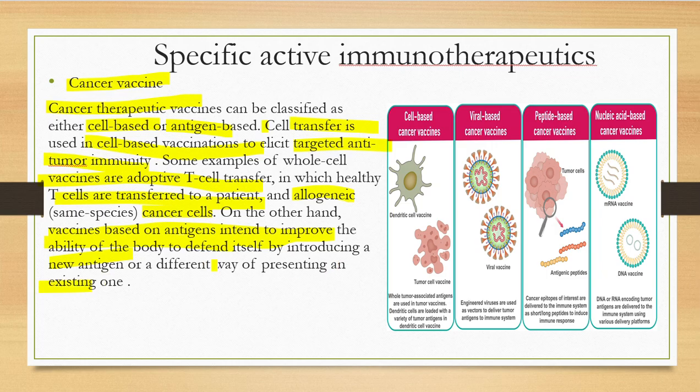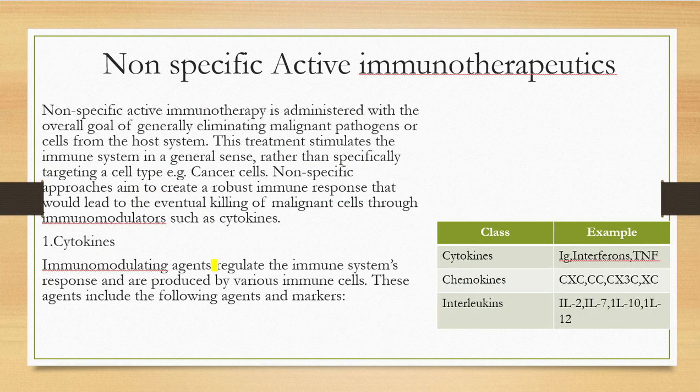So, specific immunotherapy targets a particular antigen present on cancer cells. Cancer vaccines are a major example. These vaccines can be cell-based or antigen-based. Cell-based vaccines use immune cells to generate anti-tumor immunity, while antigen-based vaccines introduce specific tumor antigens to stimulate the body's immune system against the cancer cell.